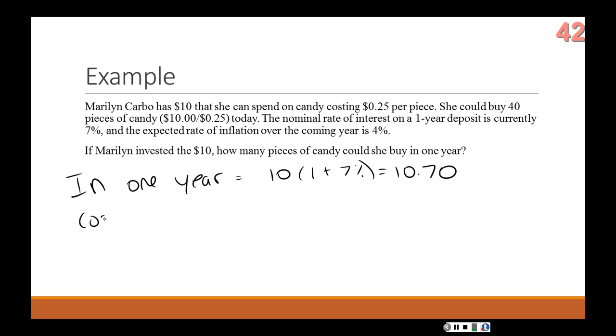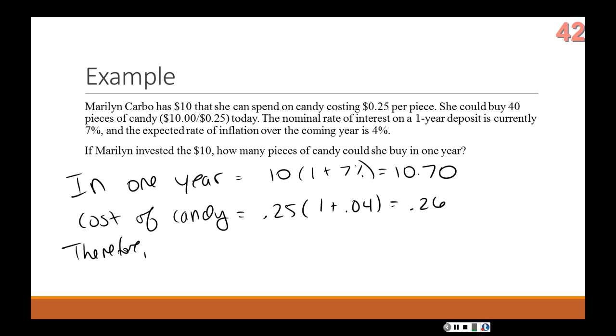But the cost of candy would also increase due to inflation. So the candy now costs a quarter apiece. Inflation is expected to be 4%. So in 1 year, the cost of candy is going to be 26 cents.